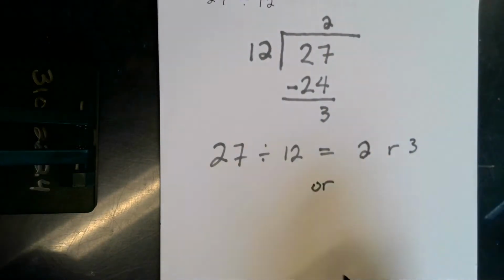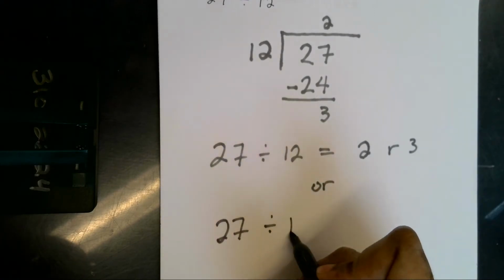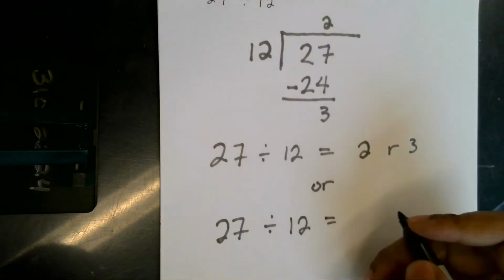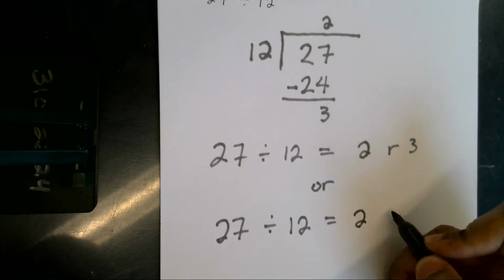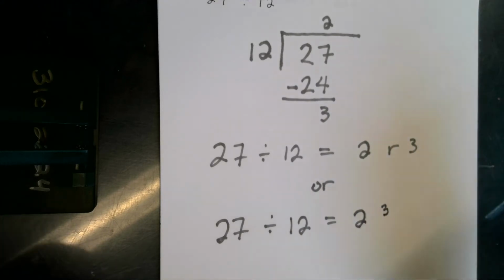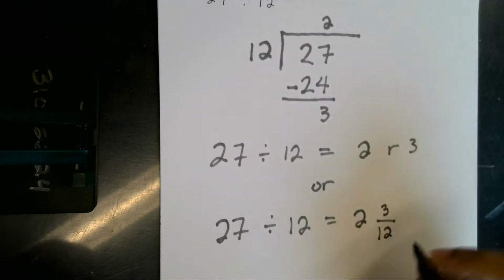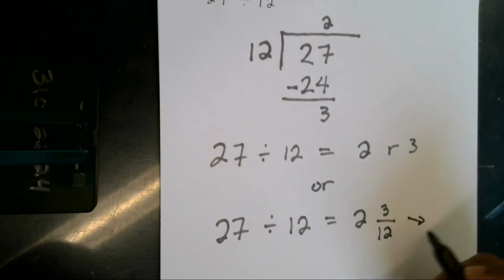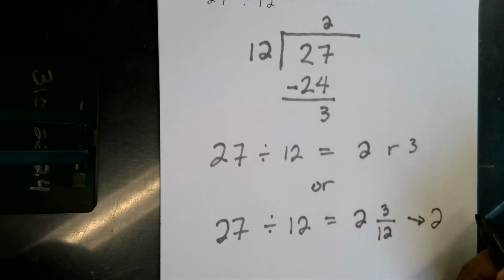Or I can say 27 divided by 12 is equal to 2, 3 over 12. And we can go further by simplifying the fractional part. And that would be 1 over 4.